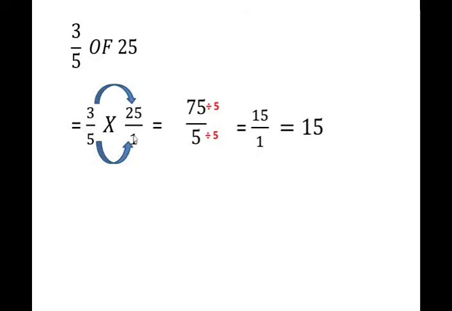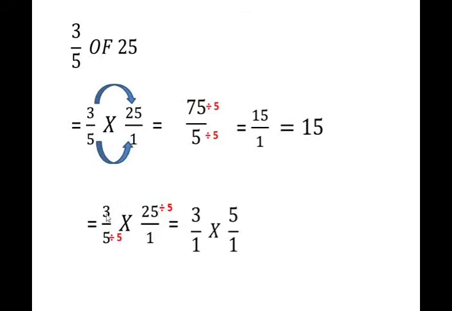The same fraction can be done by first simplifying and then multiplying. If I cross simplify, that means I found a common number that can go into the denominator and numerator across fractions. Right, and that number is 5. 5 divided by 5 is 1. 25 divided by 5 is 5.